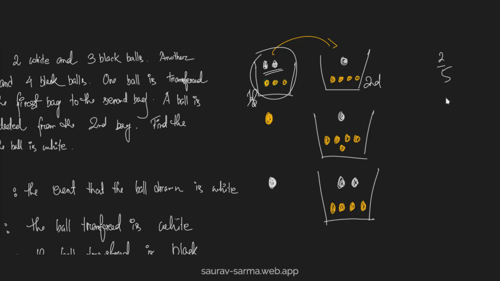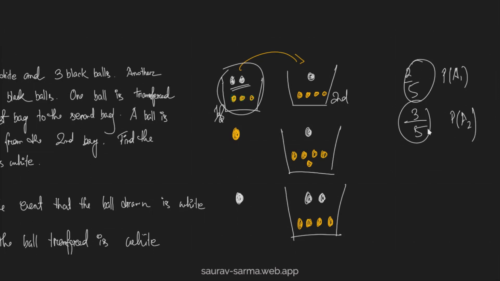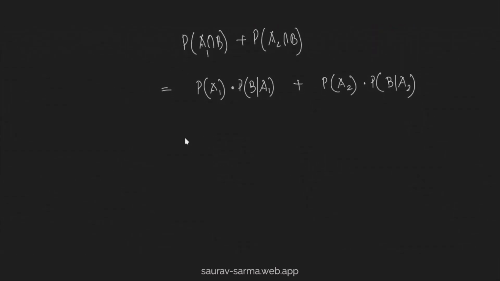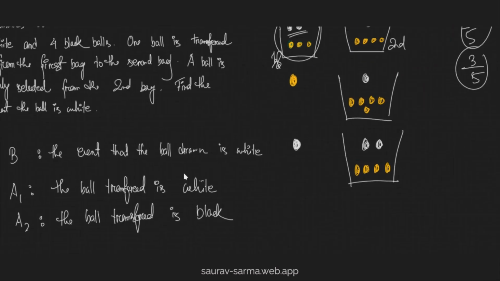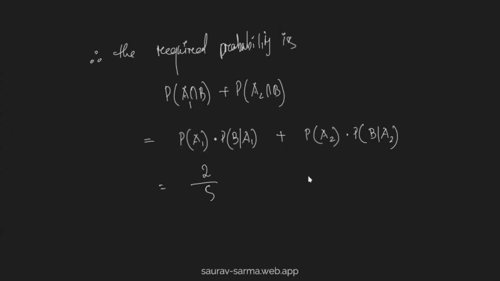Similarly, for black the probability is 3/5 since there are 3 black balls out of 5. So probability of A1 is 2/5 and probability of A2 is 3/5.